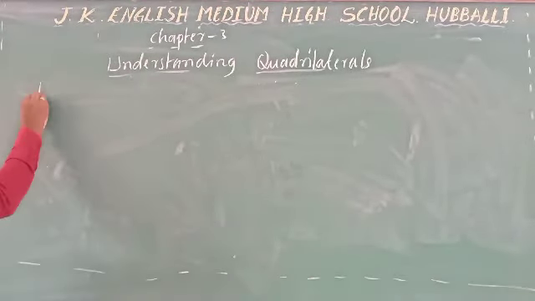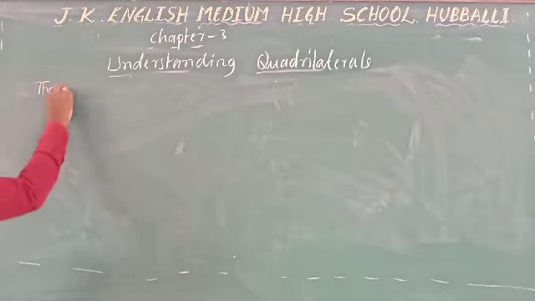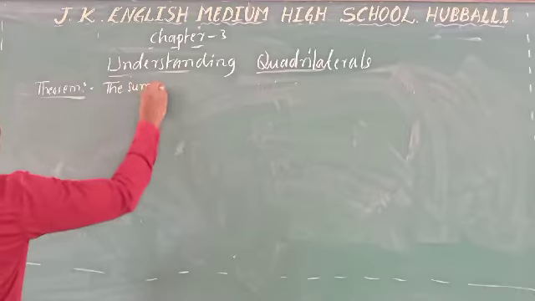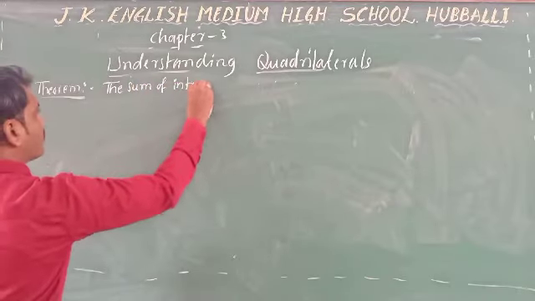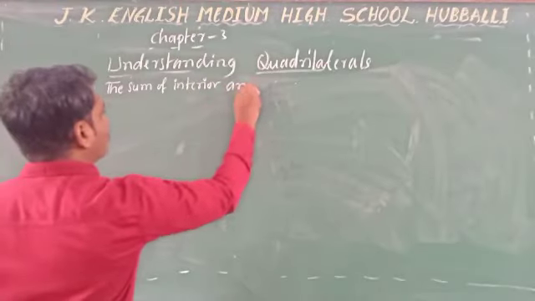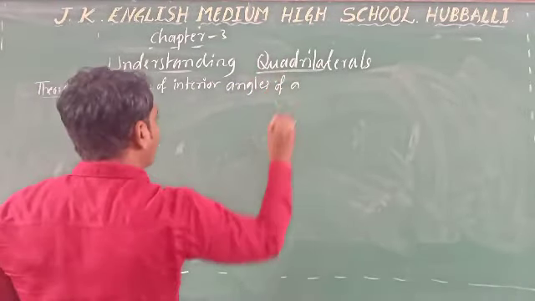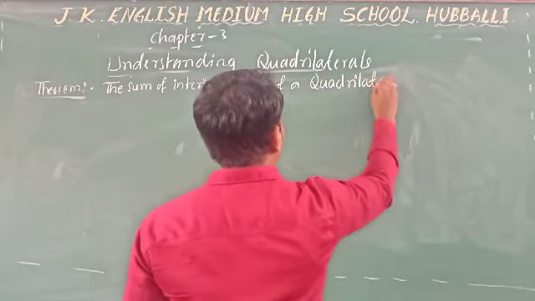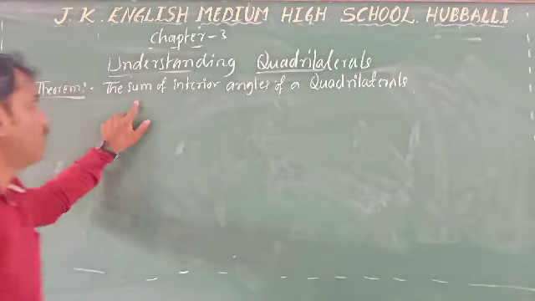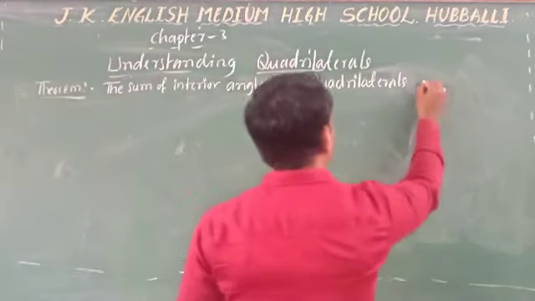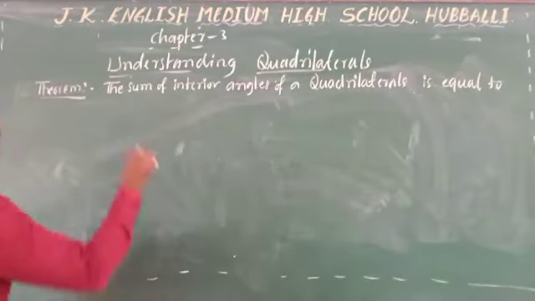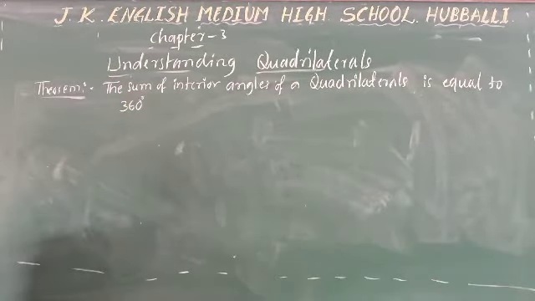The sum of interior angles of a quadrilateral is equal to how much? 360 degrees.